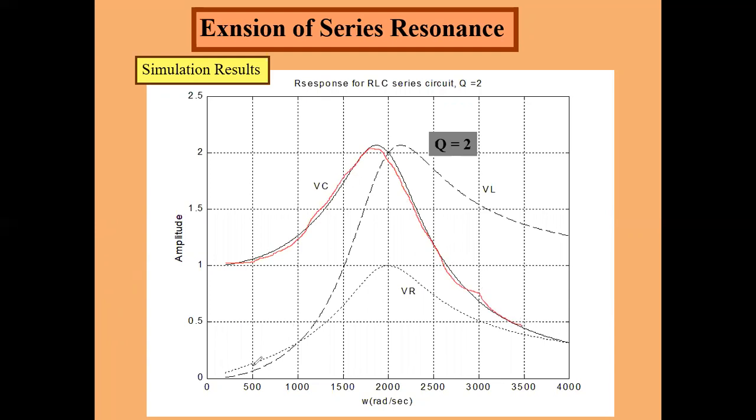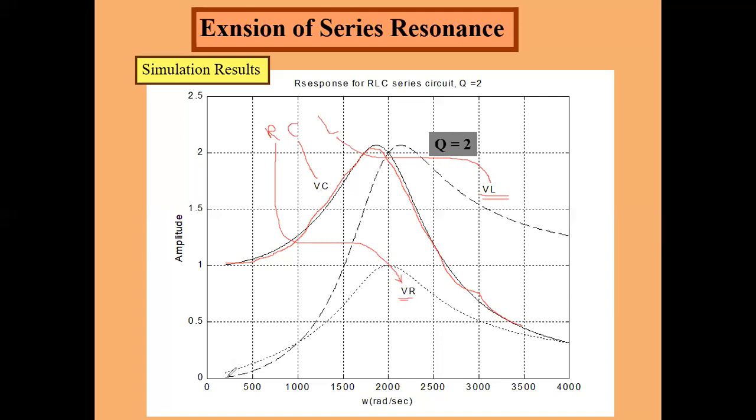Another one, the dotted line, is the voltage across the inductor in the series resonance circuit. Here we have three components: R, C, and the inductor, called L. The voltage across the capacitor is VC, the voltage across the inductor is VL, and the voltage across the resistance we call VR.